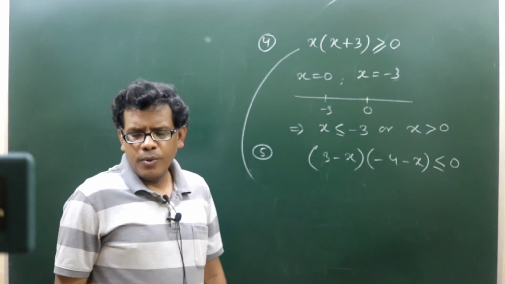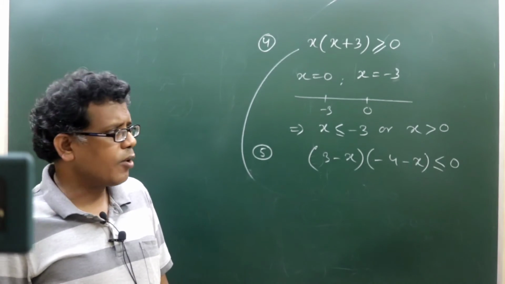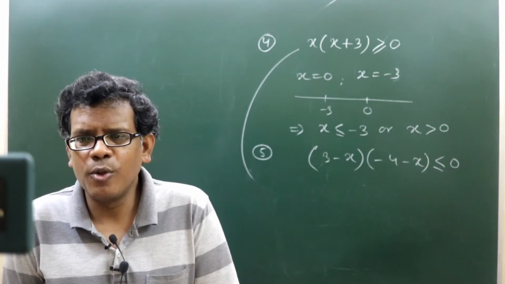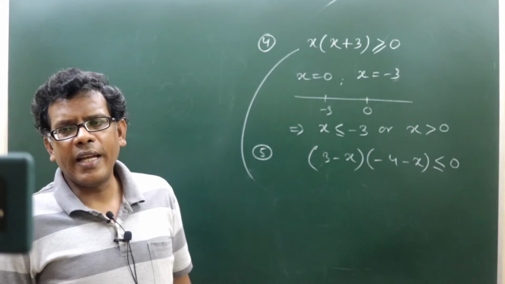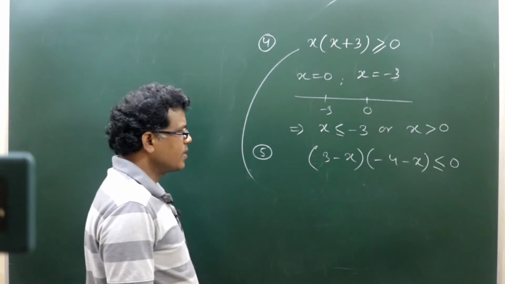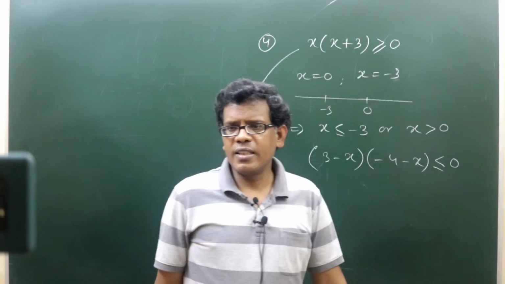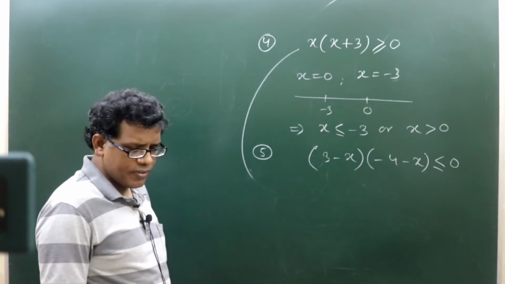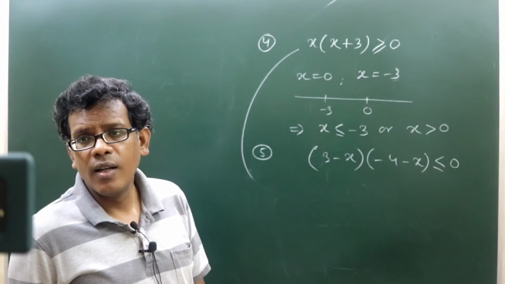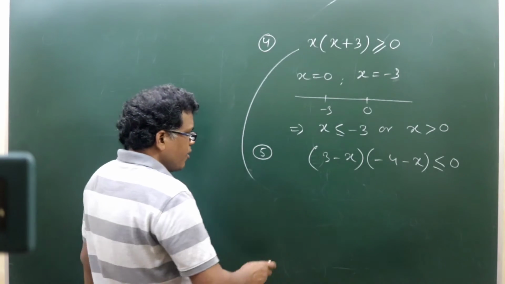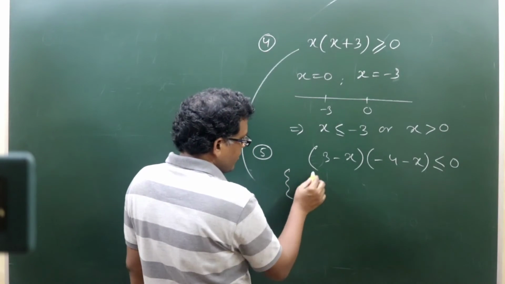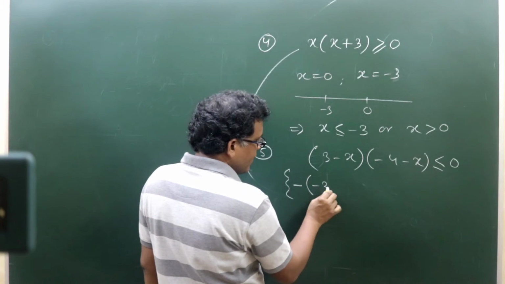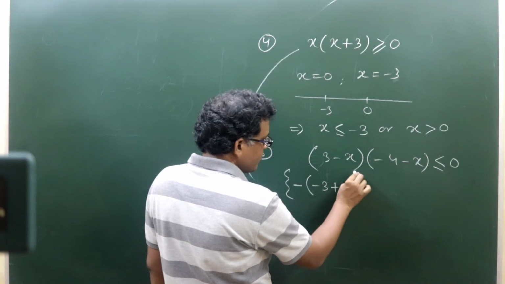What you can do, if you take minus 1 common from both the linear factors, then obviously you go back to x positive, right? You can take the negative sign common. So from the first part, if I take minus common, I can write it as minus 3 plus x, right?